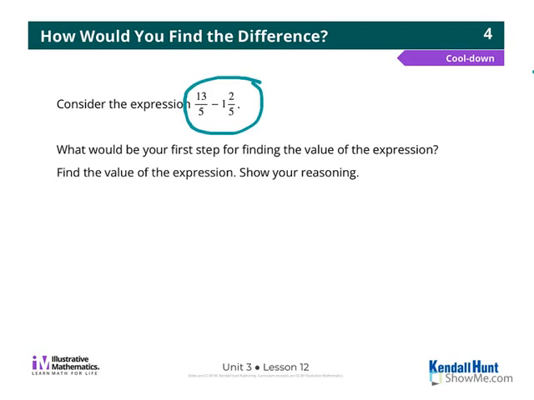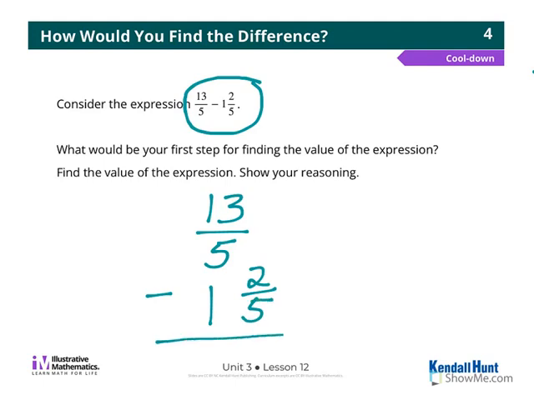So I hope you said the first step would be to rewrite it vertically, but you might have said something else. But then you had to go ahead and solve it. So in this case, we have 13/5 minus 1 2/5.